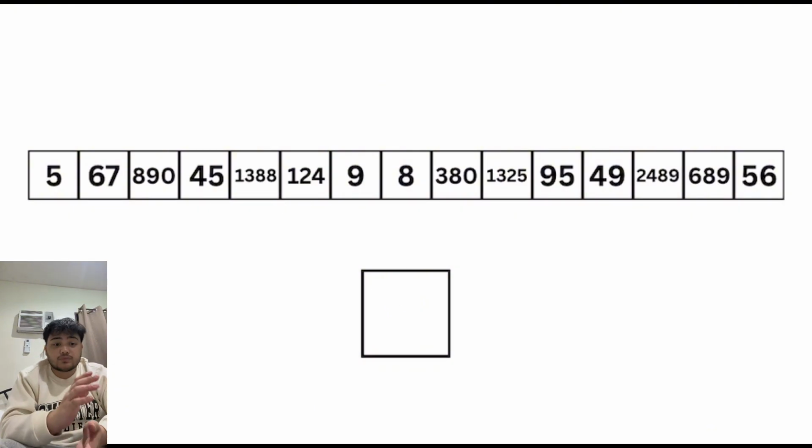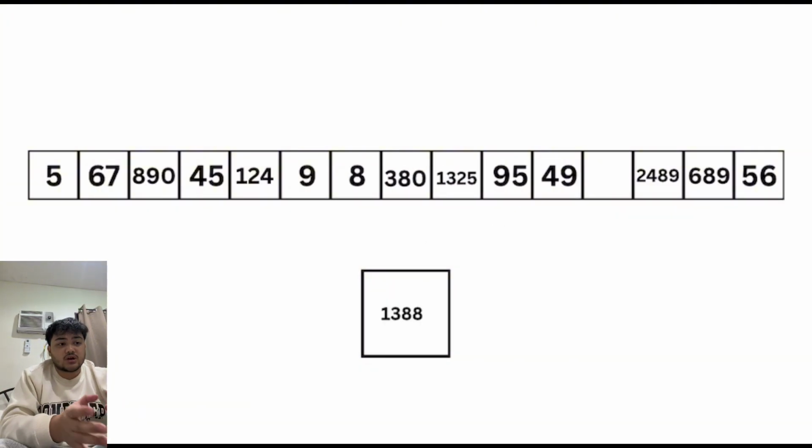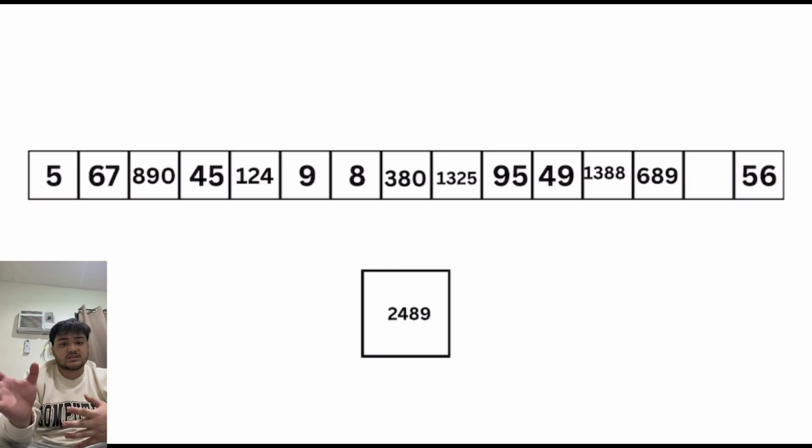Basically, they swap positions since a larger number should be on the right hand side instead of the left hand side. And this process repeats throughout the entire array to sort from least to largest.